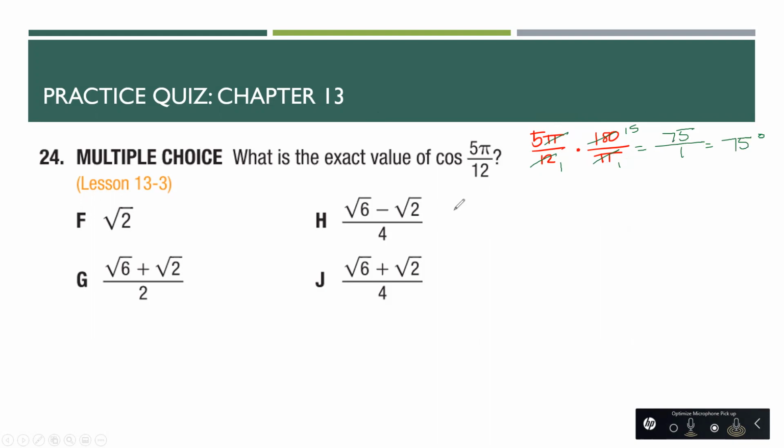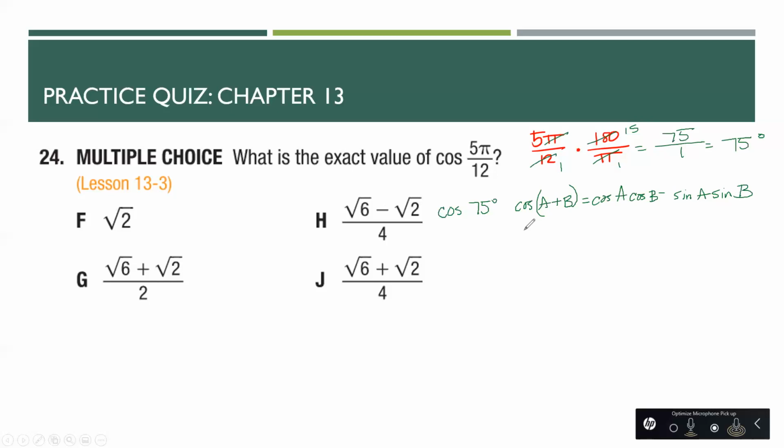So then I've got the cosine of 75 degrees. That's what I'm looking for. So I'm going to use that sum and difference identity. I'm going to use the cosine of A plus B is equal to cosine of A times cosine of B minus sine of A times the sine of B. And I'm going to plug in my values.